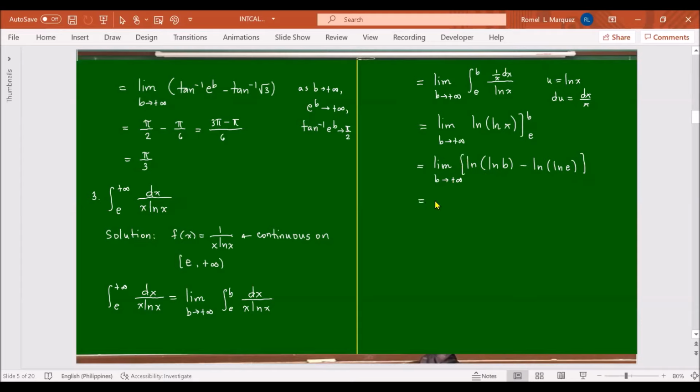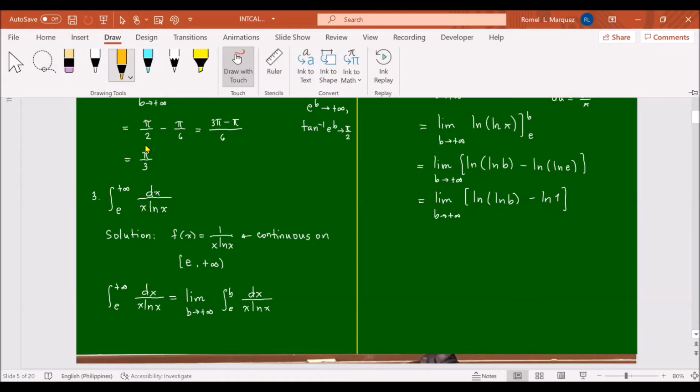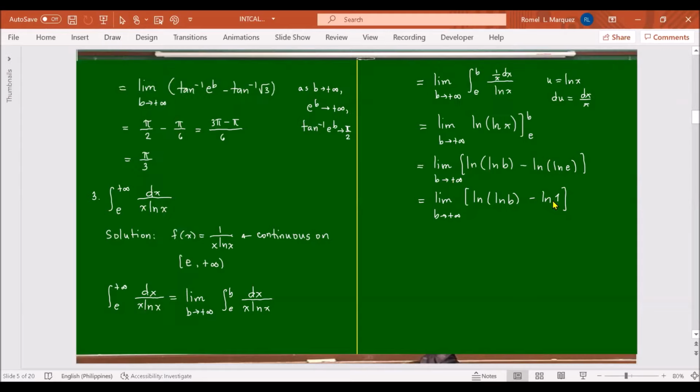So we can write here the limit as b approaches infinity of ln b minus ln 1, and ln 1 is equal to 0.